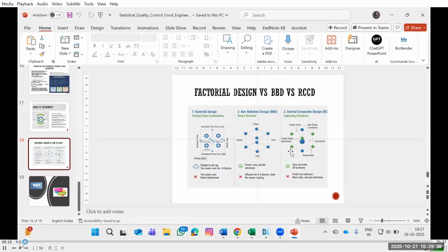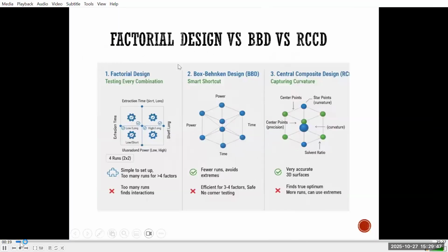I have told you that these three types of designs of experiment can be done by another software. It is called the Design Expert software.